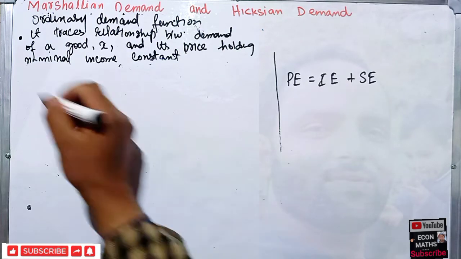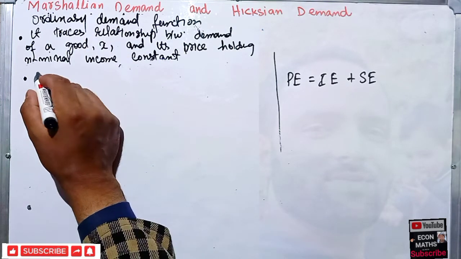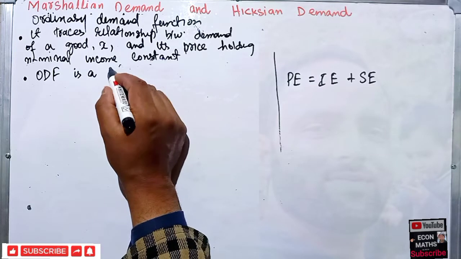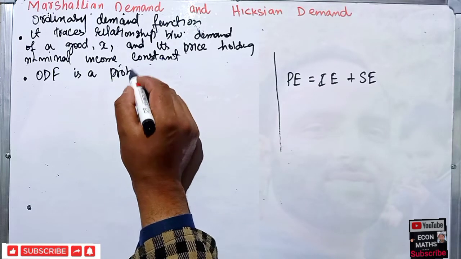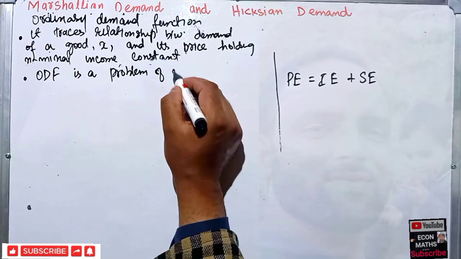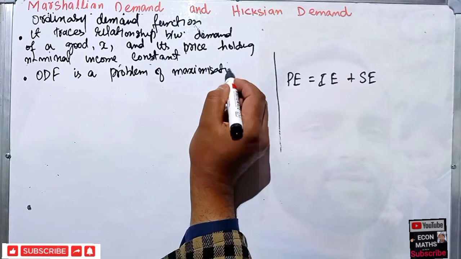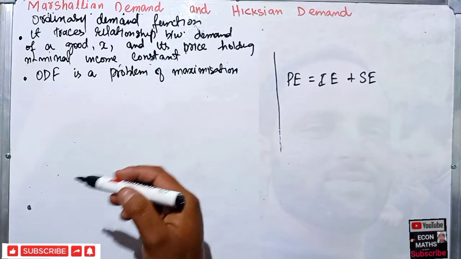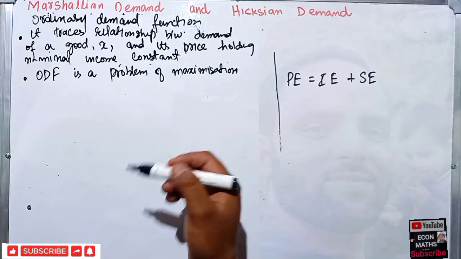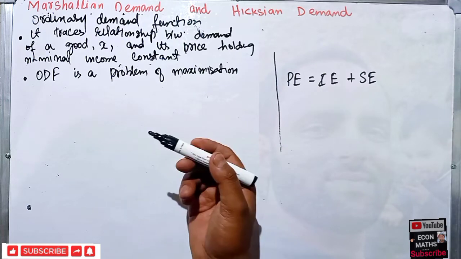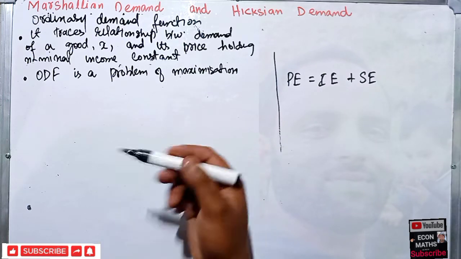Now we can also say that this Marshallian demand function, or ordinary demand function, is a problem of maximization. That means, with given income, we want to maximize utility. With the given budget line, the consumer wants to reach the higher indifference curve.